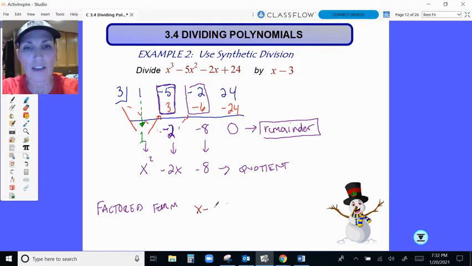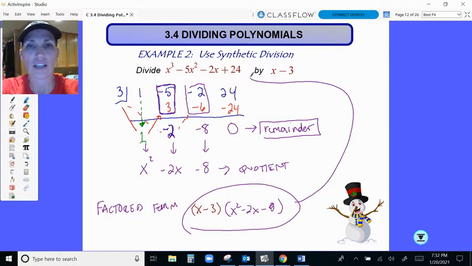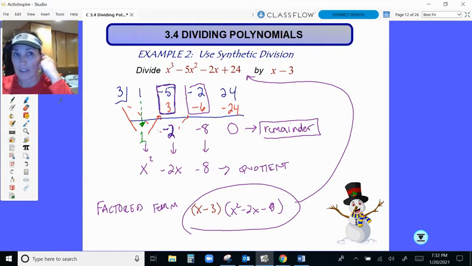That's what I divided by. Since there's a remainder of 0, that means it's a factor of this x squared minus 2x minus 8. If I multiplied these two together, I would end up with that guy, because those two are factors. Because I have a remainder of 0, those two are factors. We're going to talk a little bit more about that in a little bit.